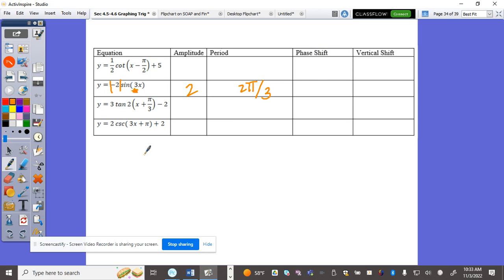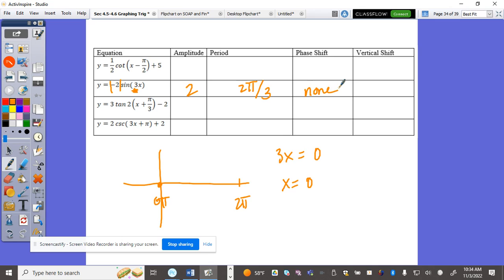Phase shift: for the sine, we always start at 0 and end at 2 pi, right? Since we start at 0, 3x is equal to 0. And obviously the answer there starts at 0 still. So there's really no phase shift here.